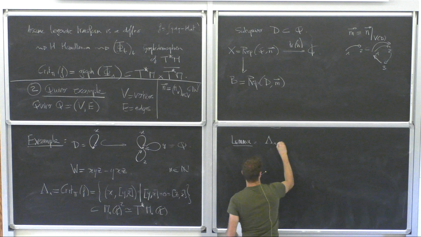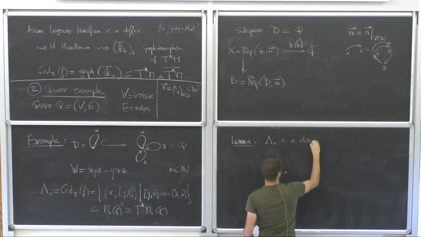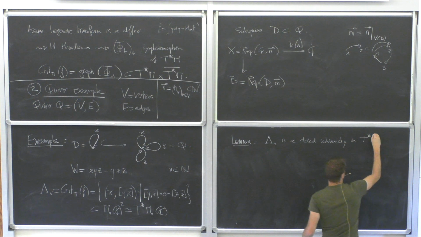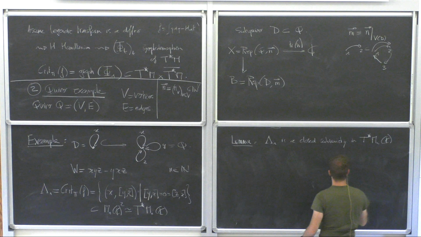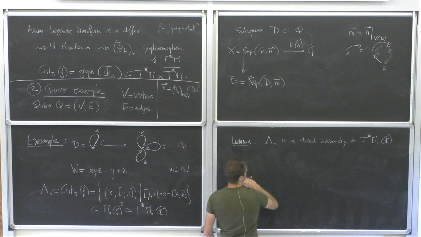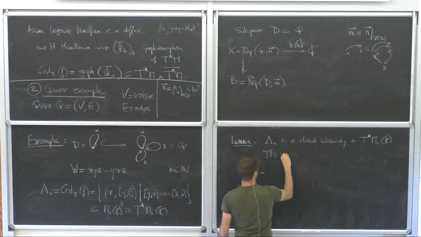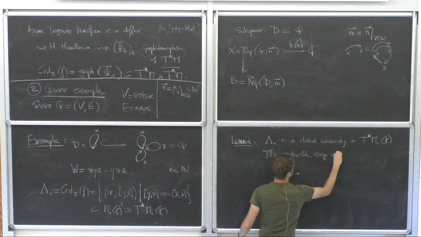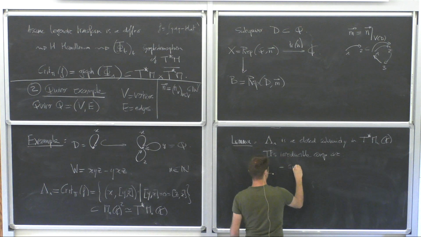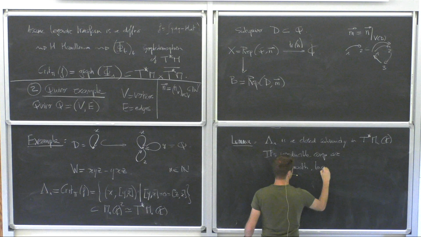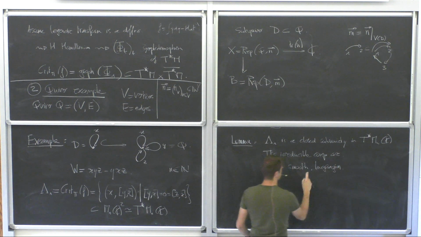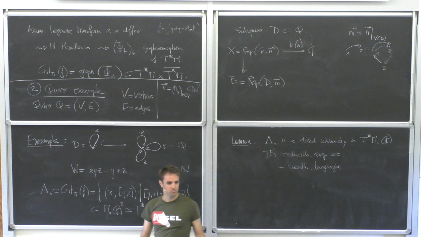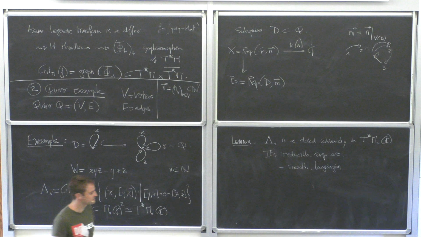Lambda n is a closed subvariety in T star M and T, and its irreducible components are smooth and Lagrangian. Let me say that you have to be smooth so that you can talk about being Lagrangian, otherwise it doesn't make so much sense.